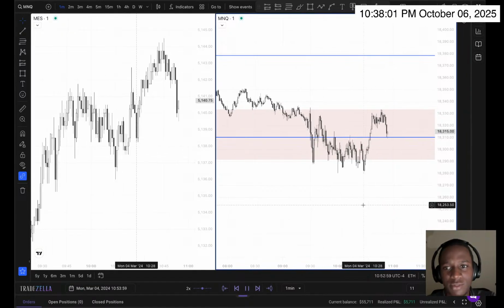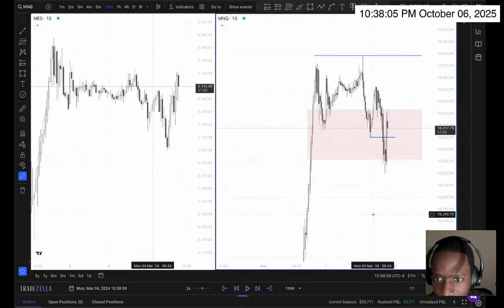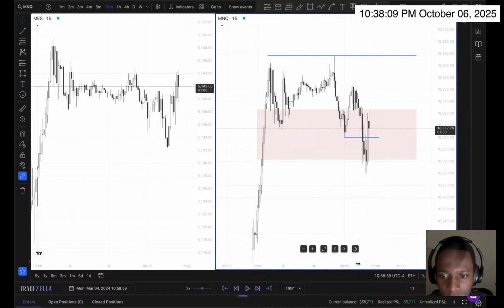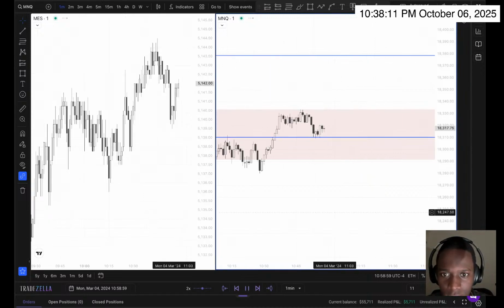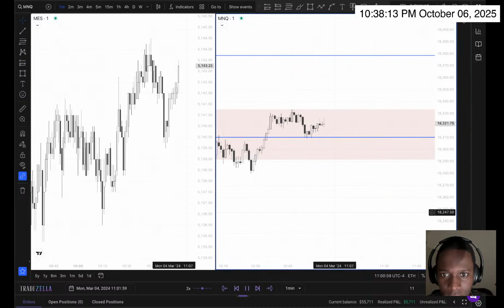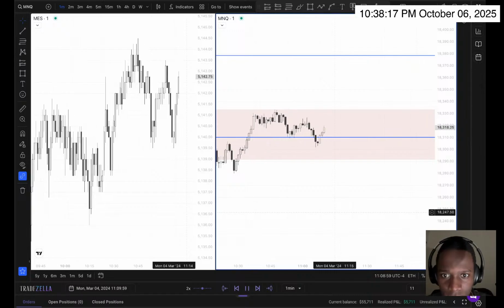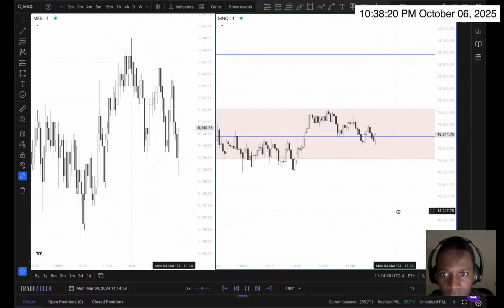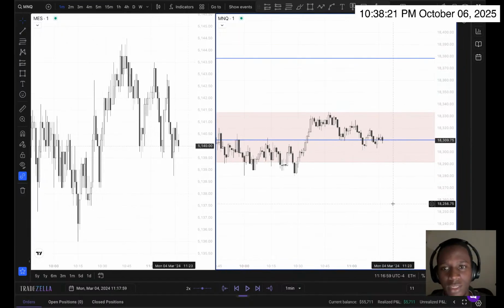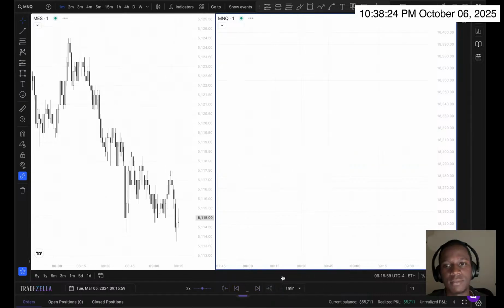But will it deliver to the full highs? I think it'd go higher in the PM session. PM session's done.